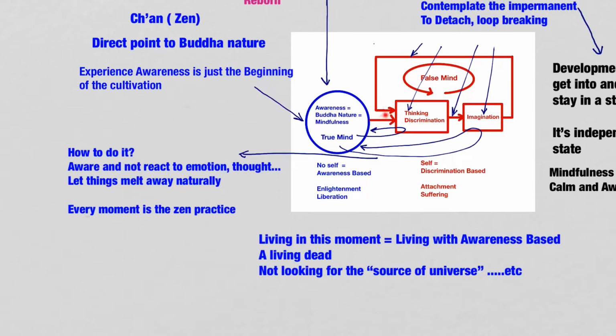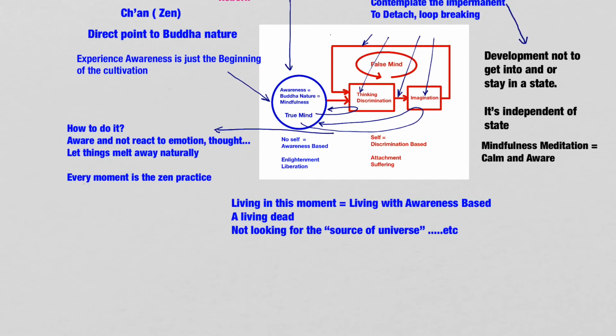And it is going back to the awareness base, where there is no self, and that is how Zen practice is. And living in this moment is living with awareness base.